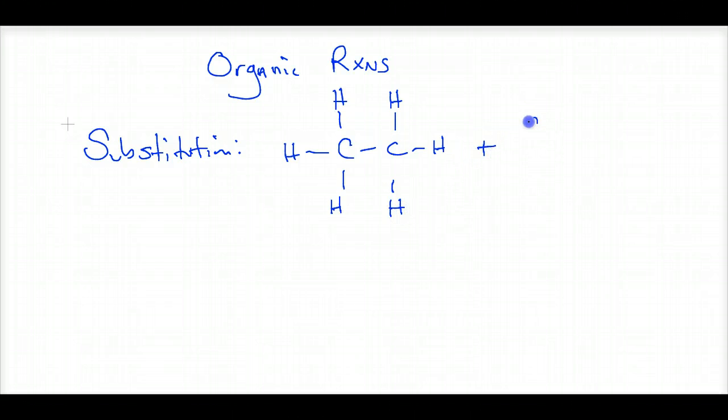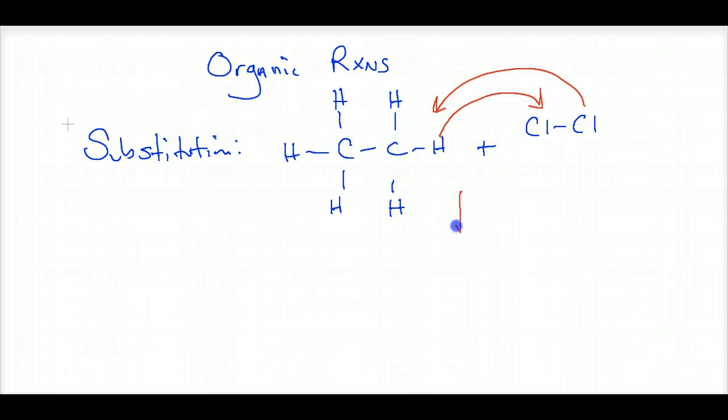And if I'm going to add Cl2 to this, you can clearly see there's no room to add because of the saturation of single bonds. So a hydrogen has to be substituted for chlorine, and what happens in this process is that we make 2 products.